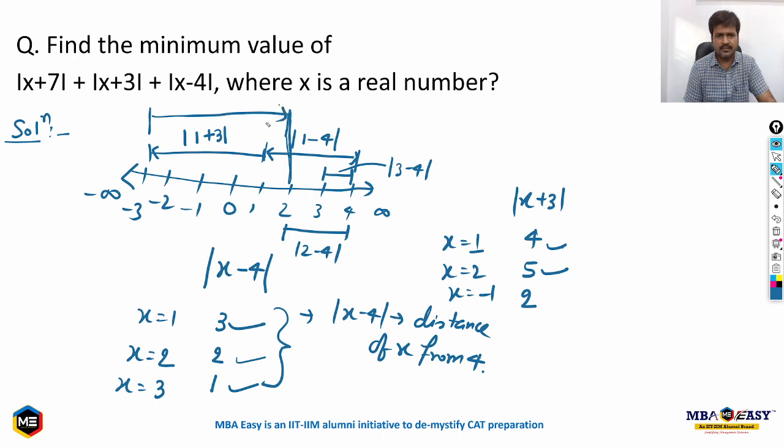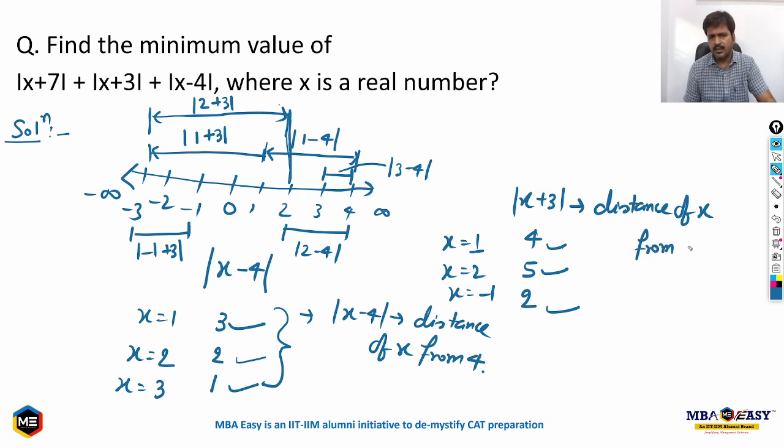This is 2 plus 3, a 5 unit mod. If you are taking x is equal to minus 1, the distance is coming out to be 3. So this is nothing but the distance between minus 1 and minus 3. Right? So we can generalize: what is mod of x plus 3? It is the distance of x from minus 3.